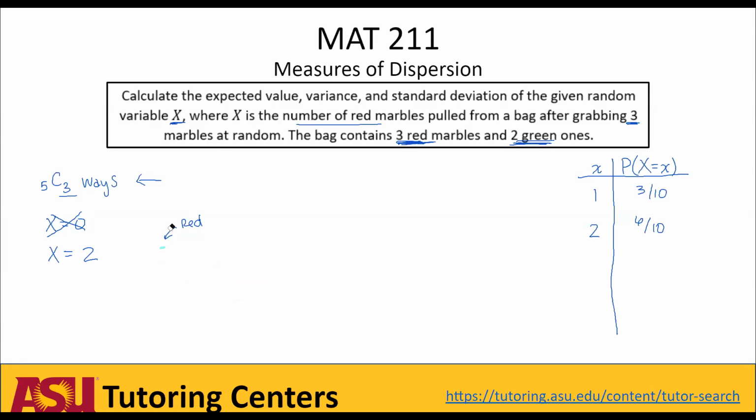Next, let's consider when x is equal to 3. In this case, we have 3 red marbles, and we want to choose all 3 of those. So we're going to have 3 choose 3 for our red, times, well, we're only choosing 3 total marbles, and we've already chosen all those with our red, so we're going to have 2 choose 0 for our green.